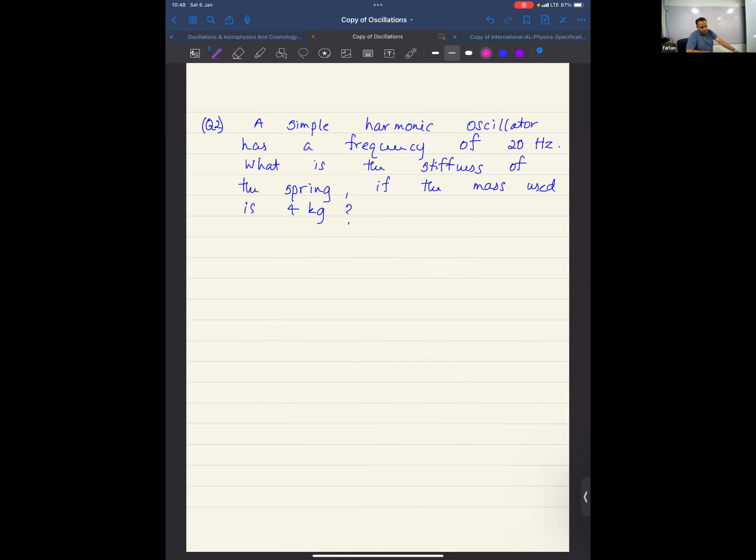What is the stiffness of the spring, if the mass used is 4 kilograms? Same equation.